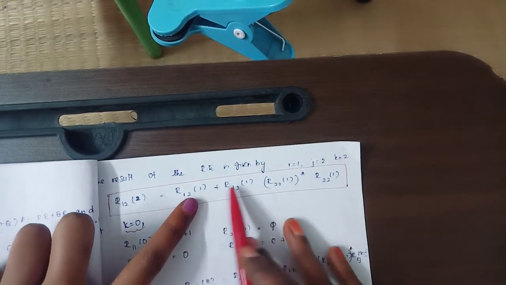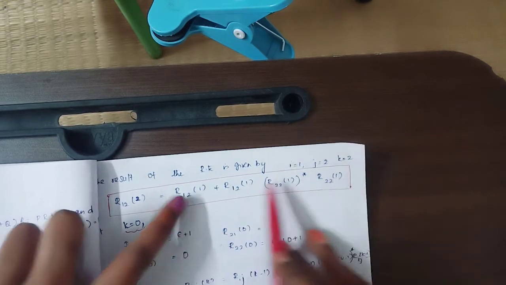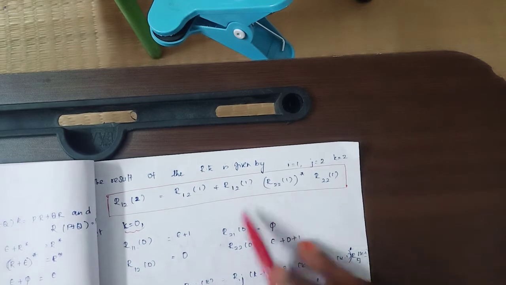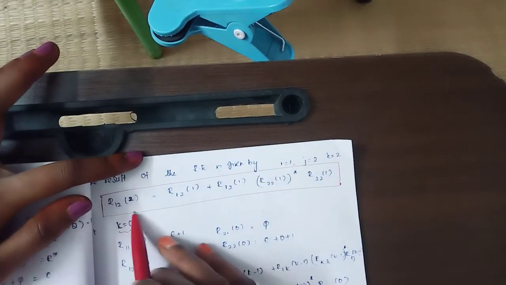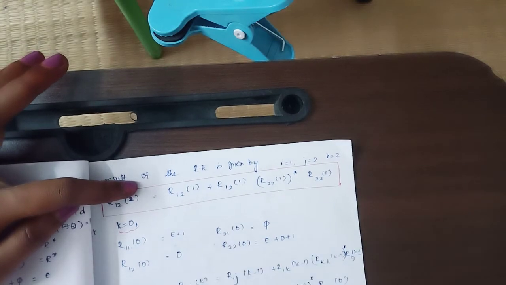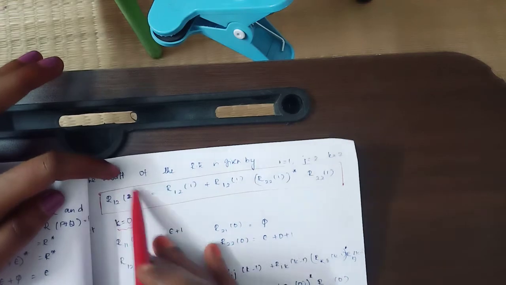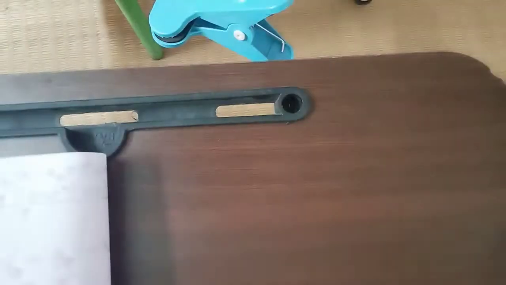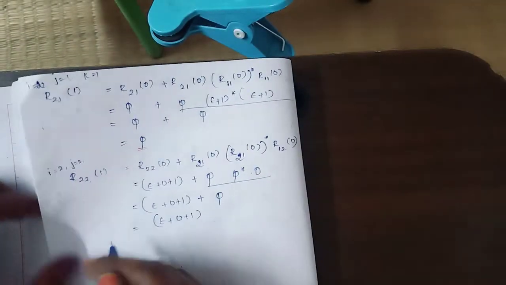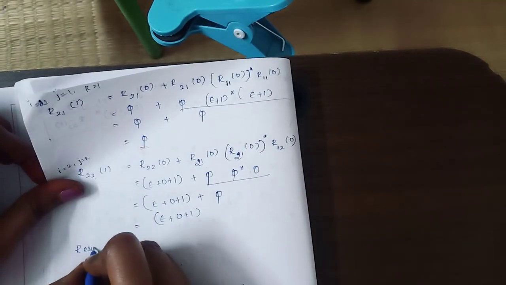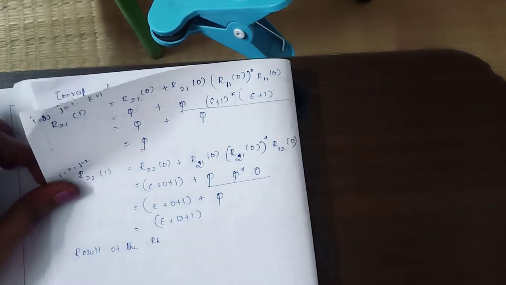So the k value up to 1 we have to find out over here. For this k value 1, we have found out these steps. So we'll stop this step after finding k equal to 1, and apply it to the result of the regular expression. So here, the result of the regular expression.